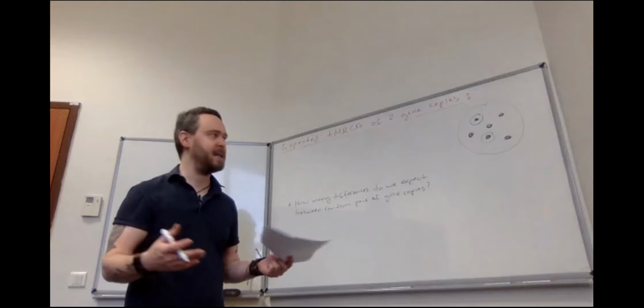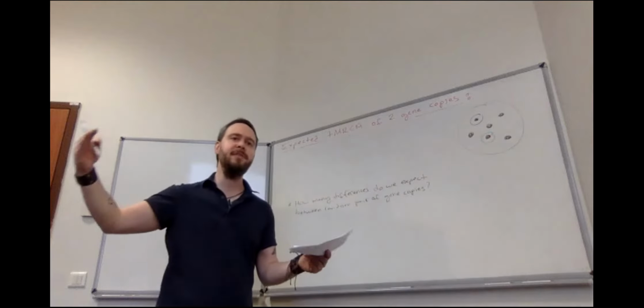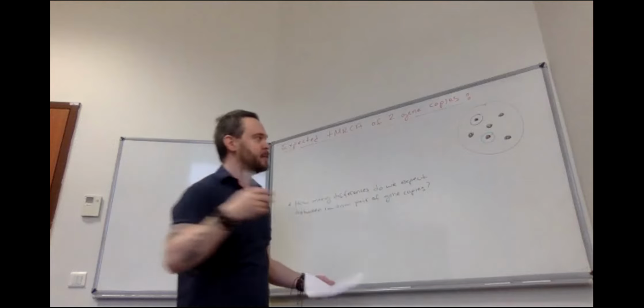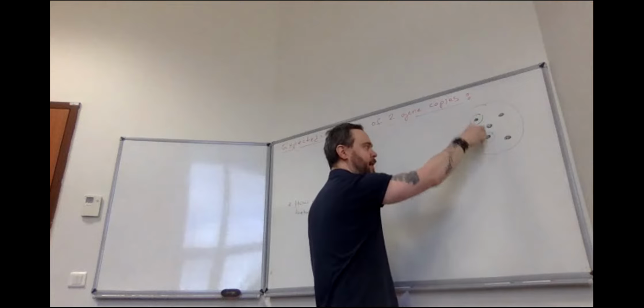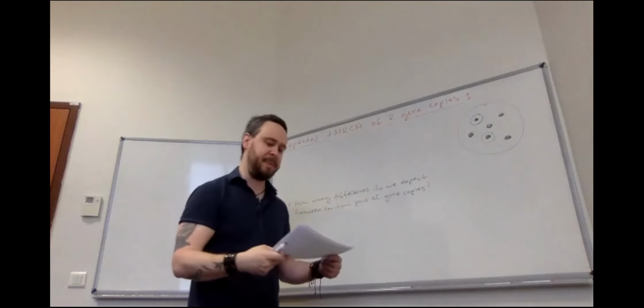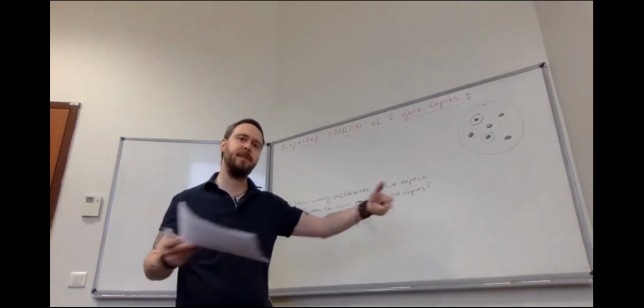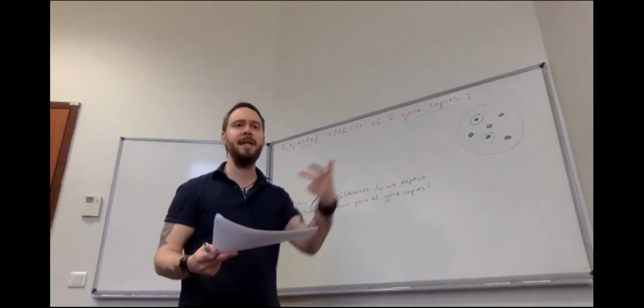Now, one major factor is that since these are gene copies, they will have descended from other gene copies in the previous generations. So if we go far back enough, we're going to find an ancestor of both of these gene copies. So we're going to find a common ancestor for them. And the amount of genetic variation between these 2 gene copies will really depend a lot on when that timing was.